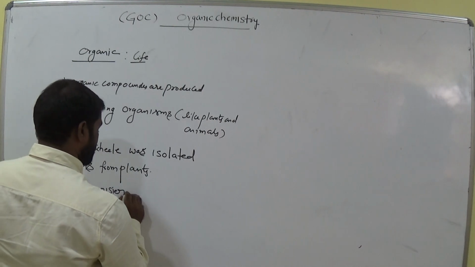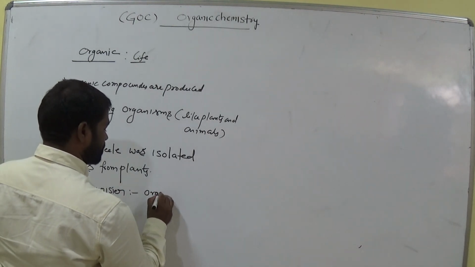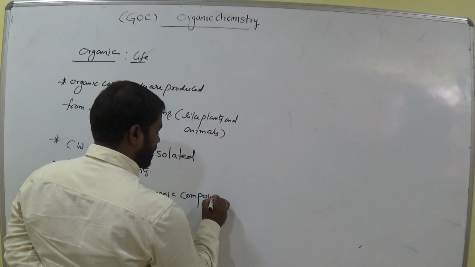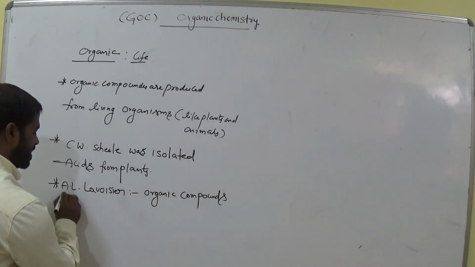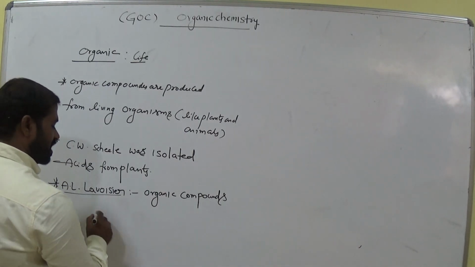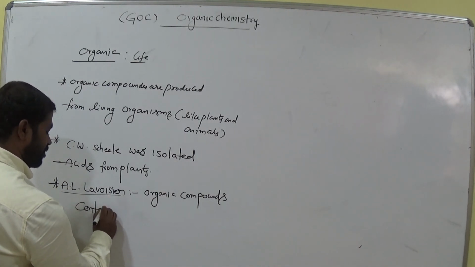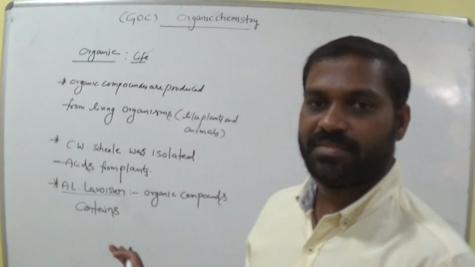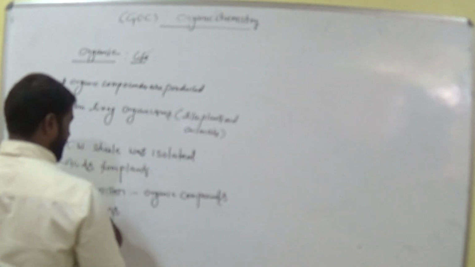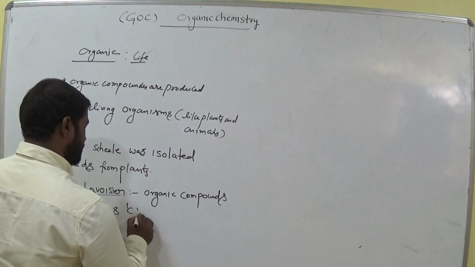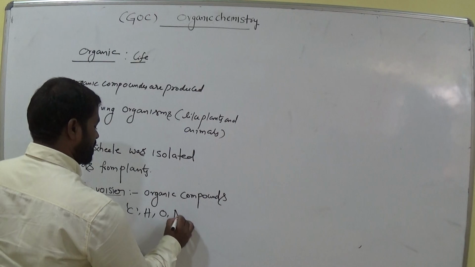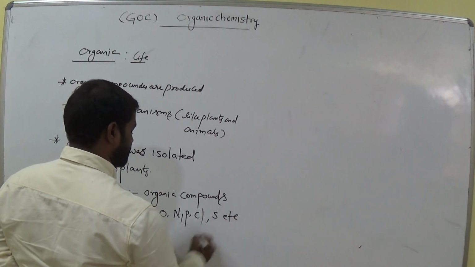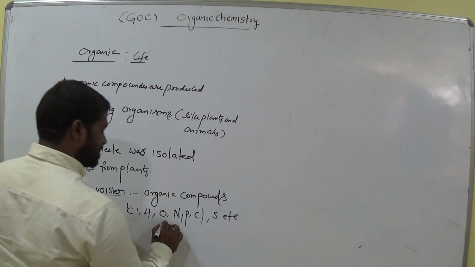A.L. Lavoisier said that organic compounds contain carbon, hydrogen, oxygen, nitrogen, phosphorus, chlorine, sulfur, etc. Listen carefully, this is just the introduction topic of organic chemistry.